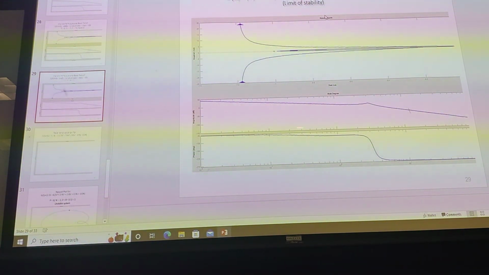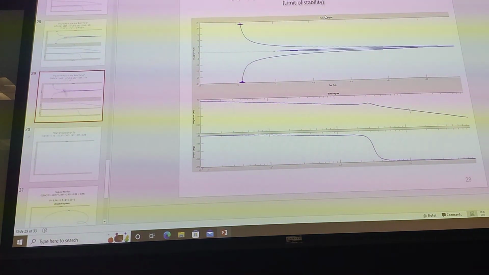And you can see in the Bode plot, for this case it is clear, that when it cuts the 0, the phase is under minus 180, and it never reaches the phase minus 180. So the system is still stable in this case.